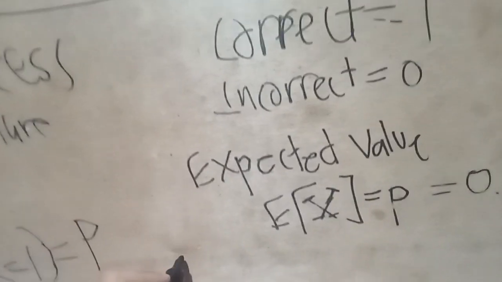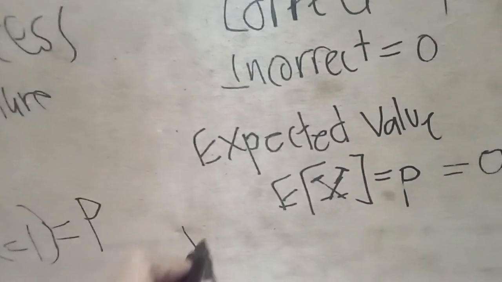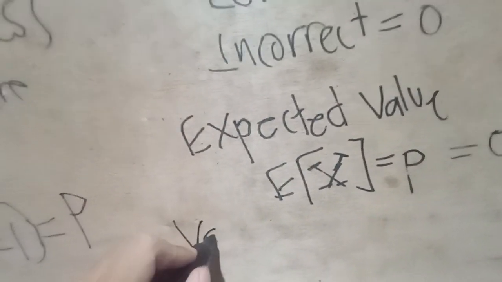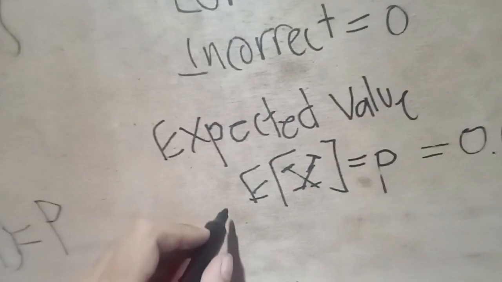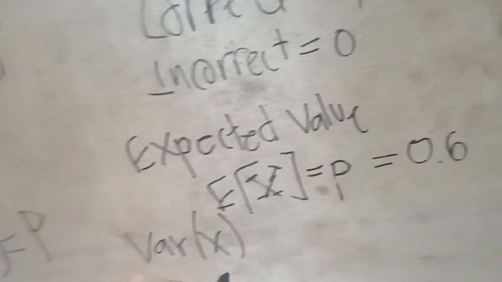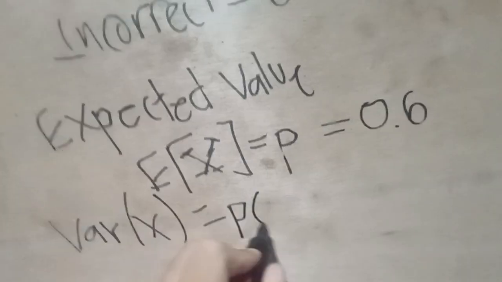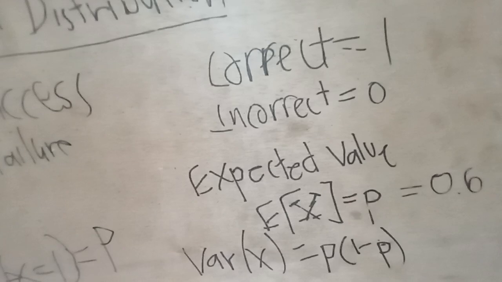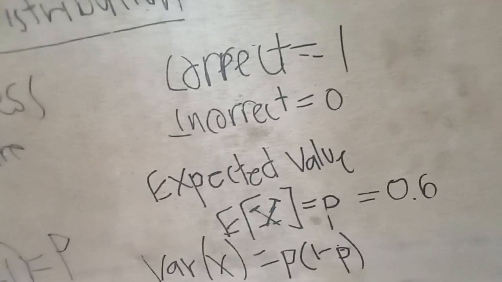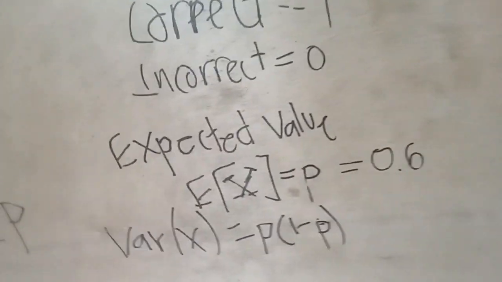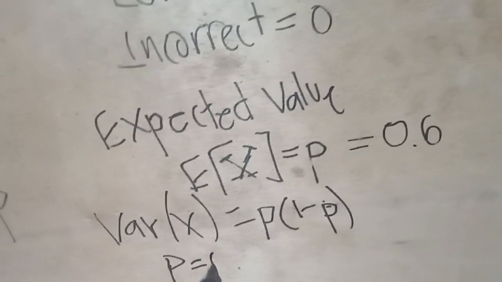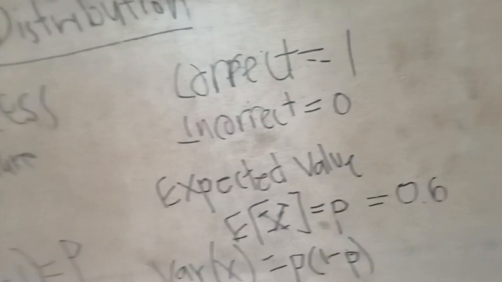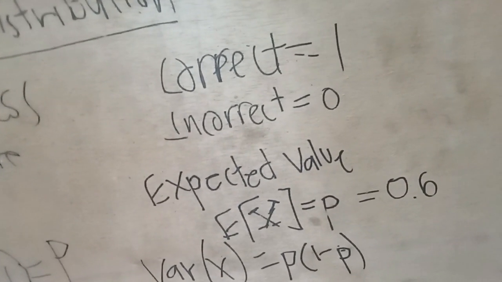Now I'm going to write the variance. The formula of variance is Var of X equals P times 1 minus P. The variance is highest when P is equal to 0.5, because this is the point of greatest uncertainty.